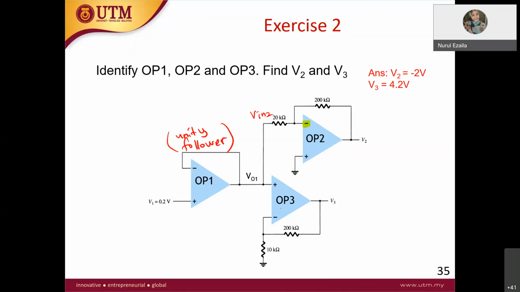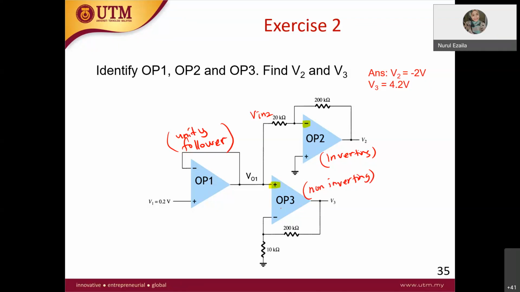Therefore, this is V in 2, an inverting amplifier. Op-amp 3? Non-inverting amplifier, because it is connected to the plus. Therefore, this is non-inverting.